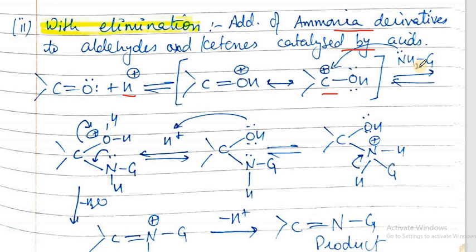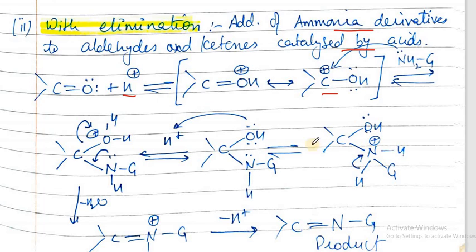This nitrogen has two hydrogens and one G group, which can be varied, and forms a bond with this carbon, and now the carbon has a full octet. Now this nitrogen, because it forms a bond with carbon, will become electron deficient, so it will have positive charge.